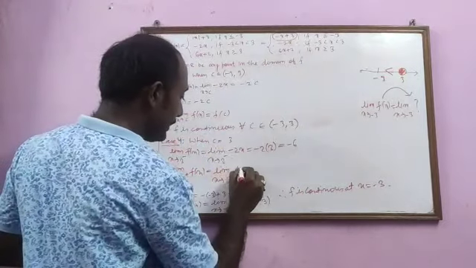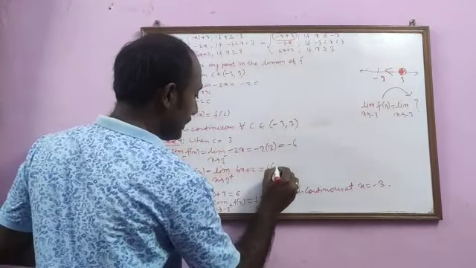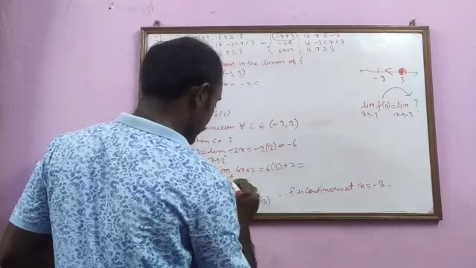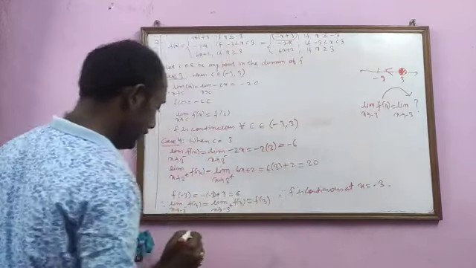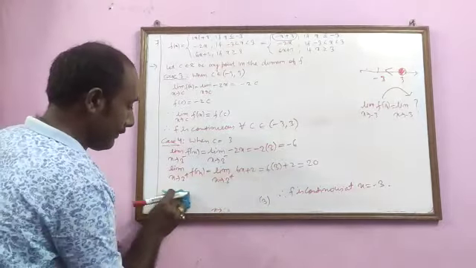So this part will be 6x plus 2, that is 6 into 3 plus 2. So this becomes 20.